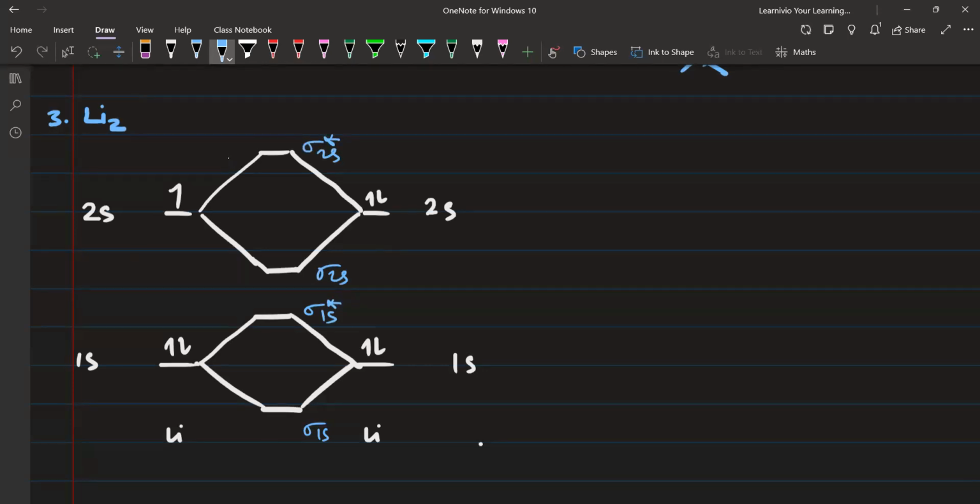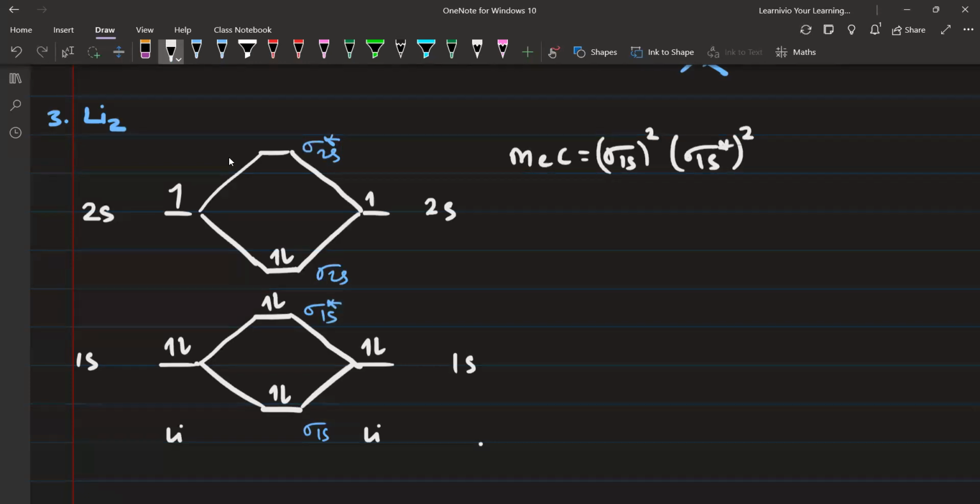How many electrons in total? Here we take this will be 3, yes, fine. Now how many electrons in total? We have 6 electrons. So 6 electrons will be filled in the lower orbitals first: 1, 2, 3, 4, 5, 6. So the molecular electronic configuration is sigma 1s with 2 electrons, then sigma star 1s with 2 electrons, and then sigma 2s with 2 electrons.